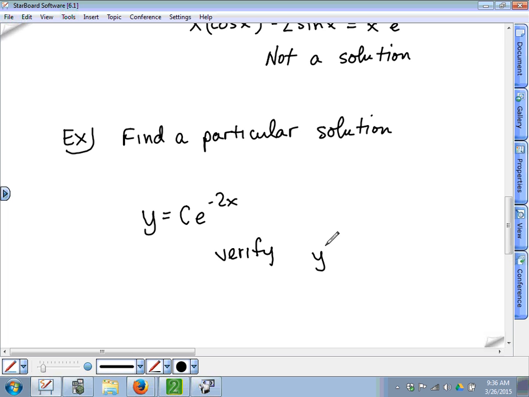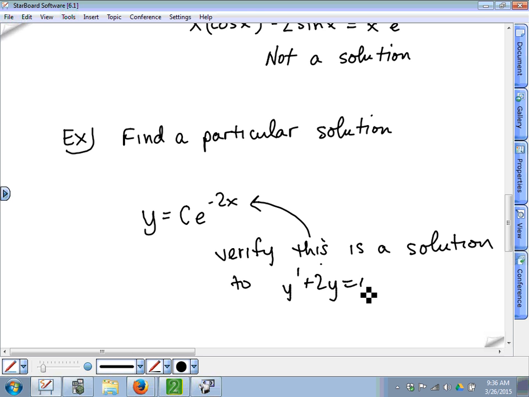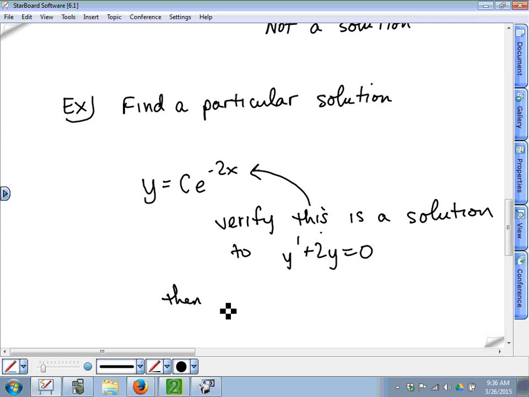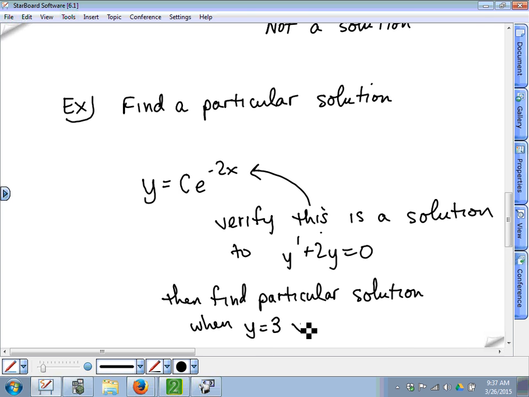Verify this, meaning that equation is a solution to y prime plus 2y equals 0. Then find the particular solution when y equals 3, x equals 0.